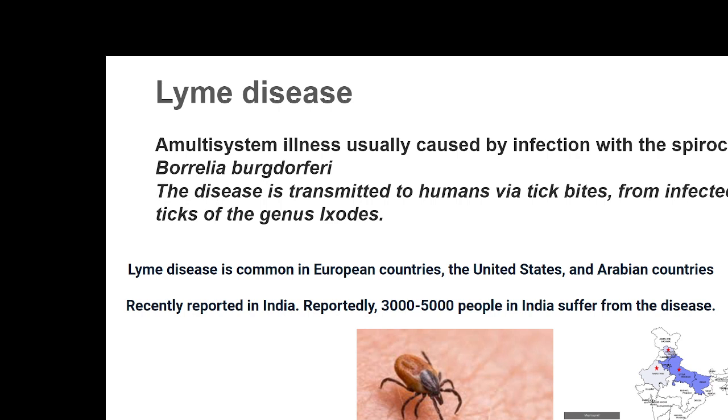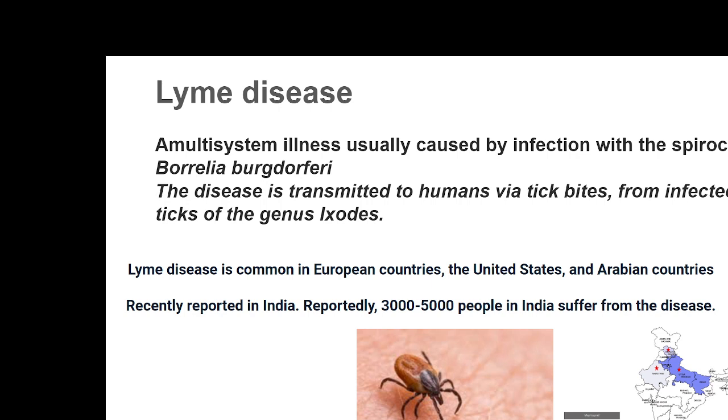Somewhere in Tamil Nadu, a few cases are reported. A few cases are reported in Karnataka also, at the Tamil Nadu border in the southern part. At present, I have not seen a case of Lyme disease, but I think we should be prepared to see one, because the rate of spread seems to be slightly increasing.